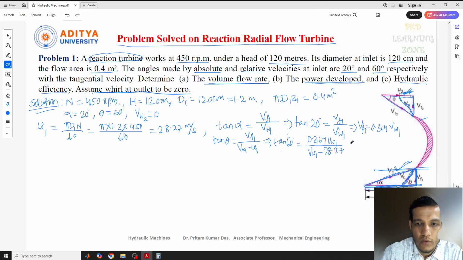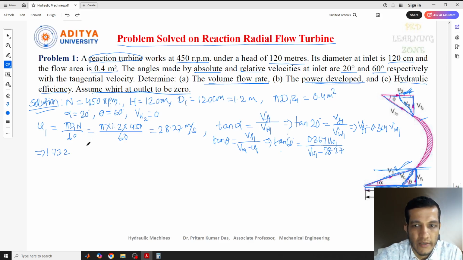So I can write it in this way: 1.732 is equal to, here we can write this value like 0.364.